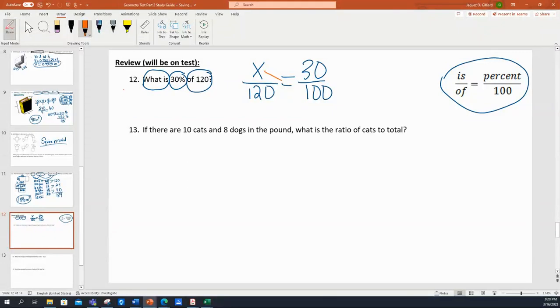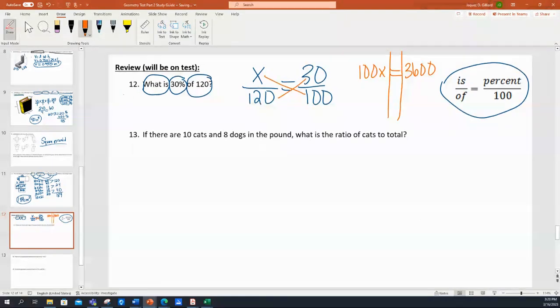So we know that x times 100 is 100x. Oh, well, I better not do that because I don't want to mess up with number 13. Let me come back here. So that's 100x. We're going to make that be equal to 30 times 120, which 12 times 3 is 36. So that's 3600. And remember, we're going to solve for x by creating our ladder so we can see the steps.